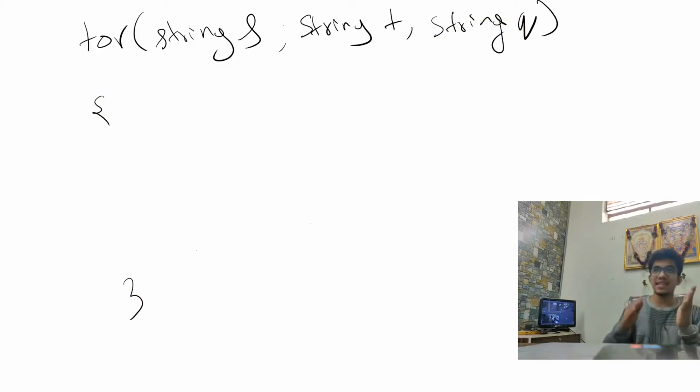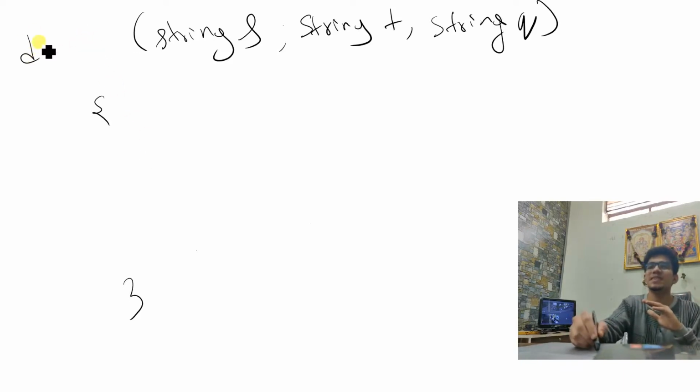String s, t and q. But these are not considered in your space complexity. Sorry, it's not the for loop, it's the display method.